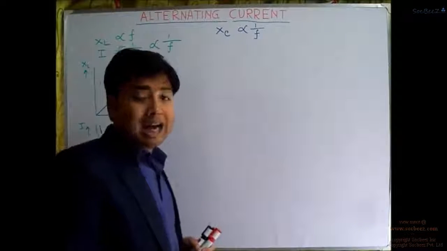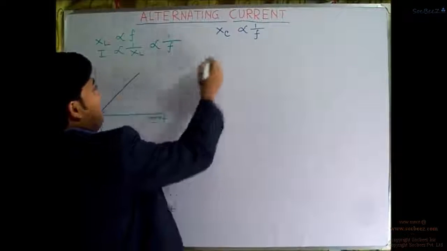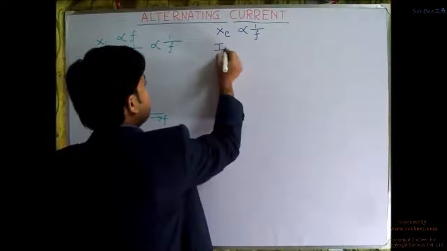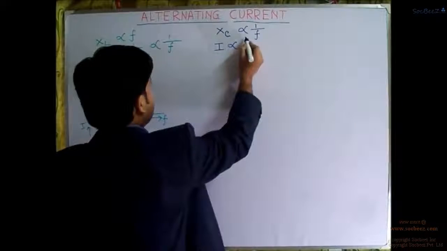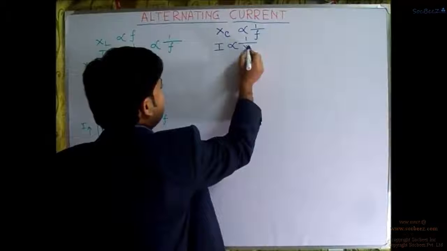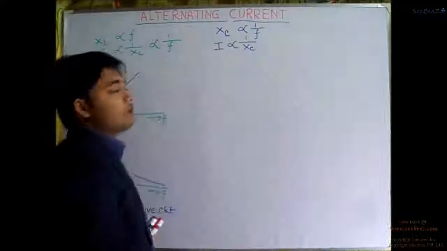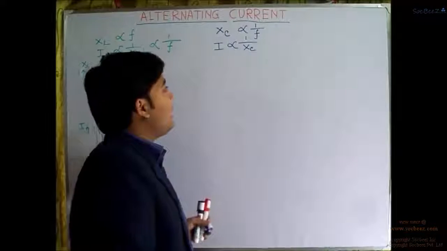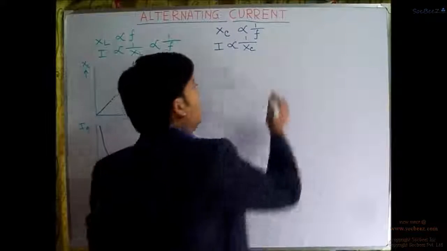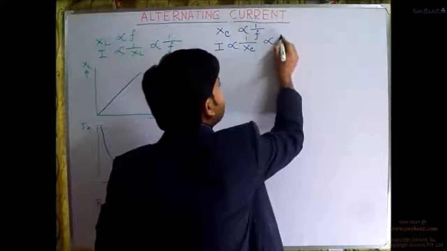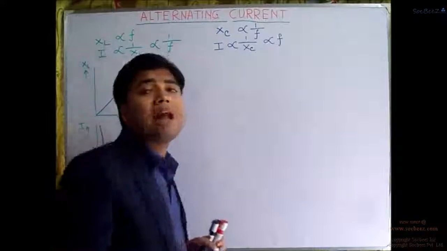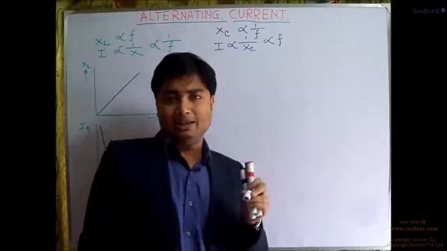Right? And as we know that the alternating current is again inversely proportional to the capacitive reactance, which means that now this alternating current will be directly proportional to the frequency of the AC supply, right?